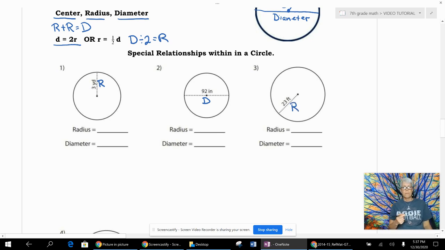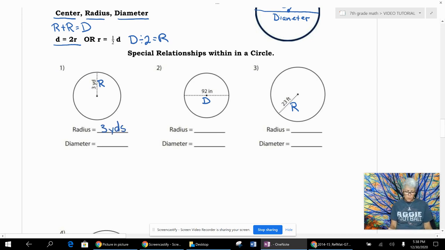All right, now look at the blanks below each circle. It calls for you to tell what the radius and the diameter is. But you know what? Of these 6 blanks, 3 of them have been given to us. So let's go back to number 1. Do we have the radius here or the diameter? That's correct, the radius. And the radius is 3. So I'm going to put 3 right here.